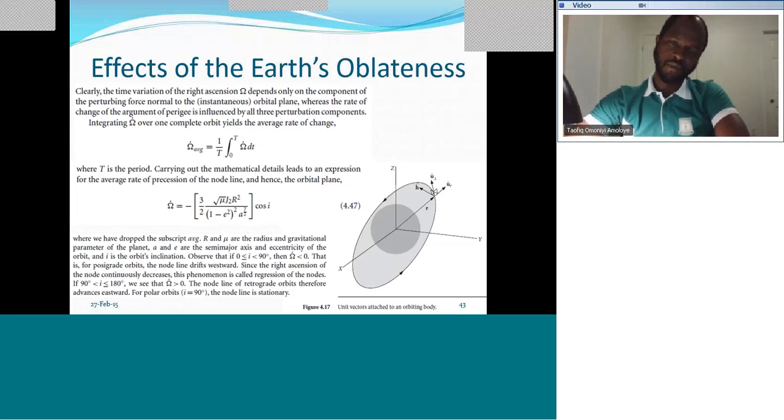That means the node line is going to be moving towards the vernal equinox line. It's going to be moving westwards.